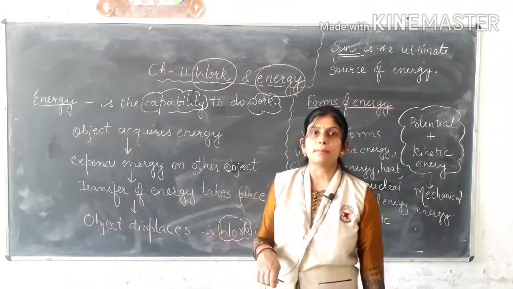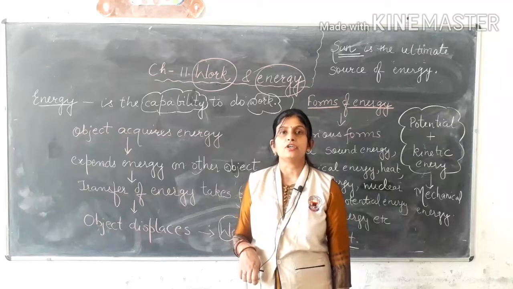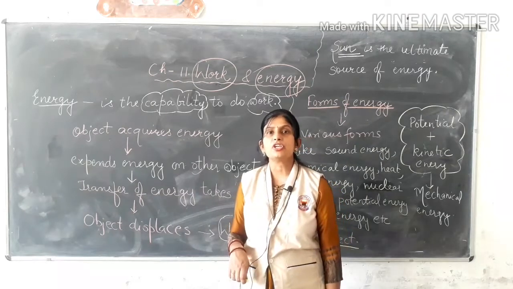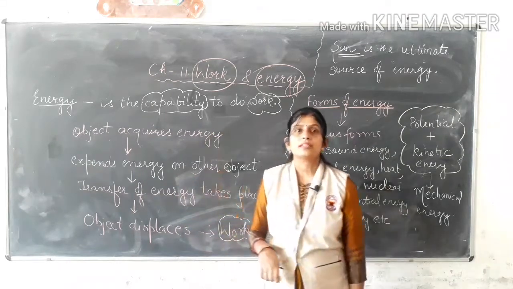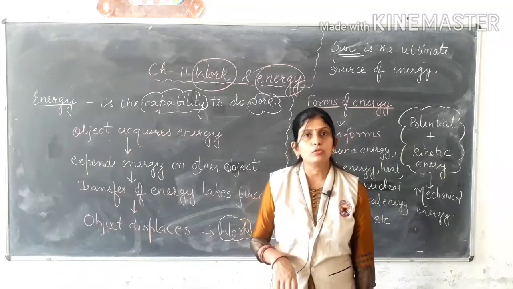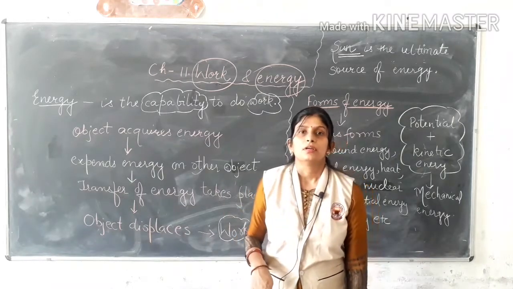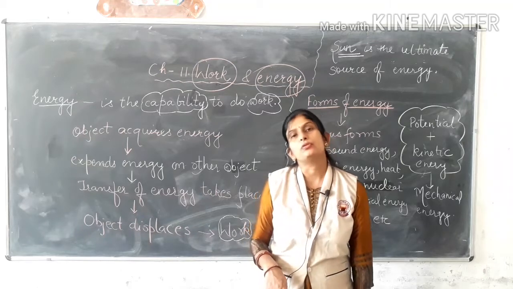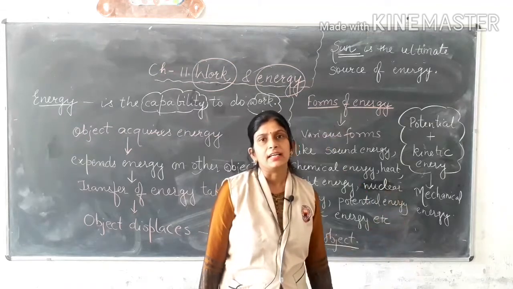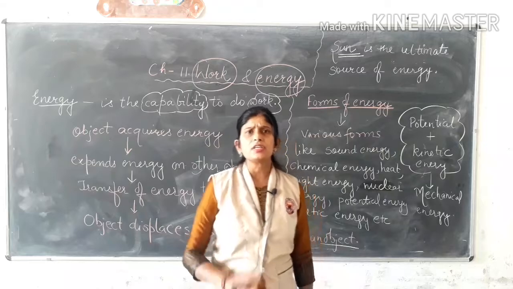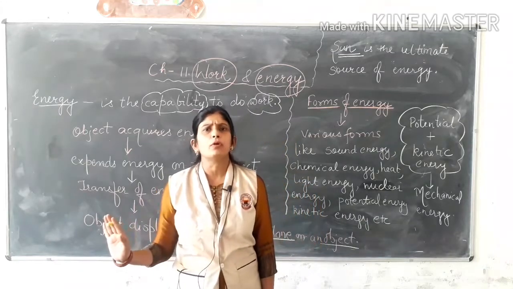So these examples show that energy makes us able to do work. Energy makes any object able to do work. Forms of energy. Actually, energy is not available in one form only.